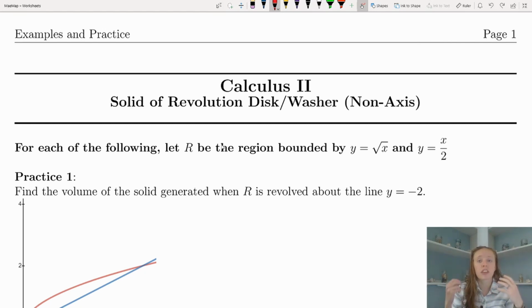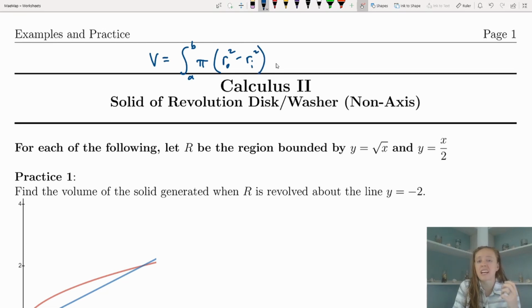So if I was just to think about this generally, the volume is going to equal some bounds, let's just say from A to B, or you could say C to D, E to F, doesn't really matter. We have a starting point where we start drawing our rectangles and a stopping point, either in the X or in the Y. Then we're going to have pi times our outer radius squared minus our inner radius squared.